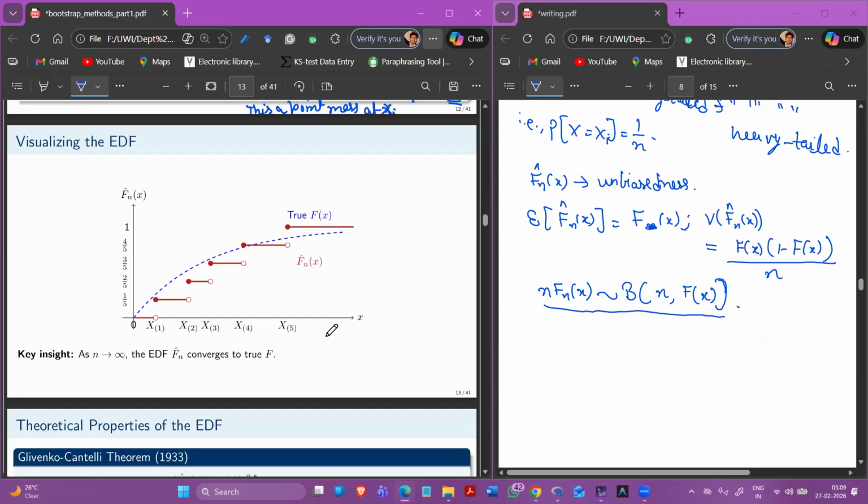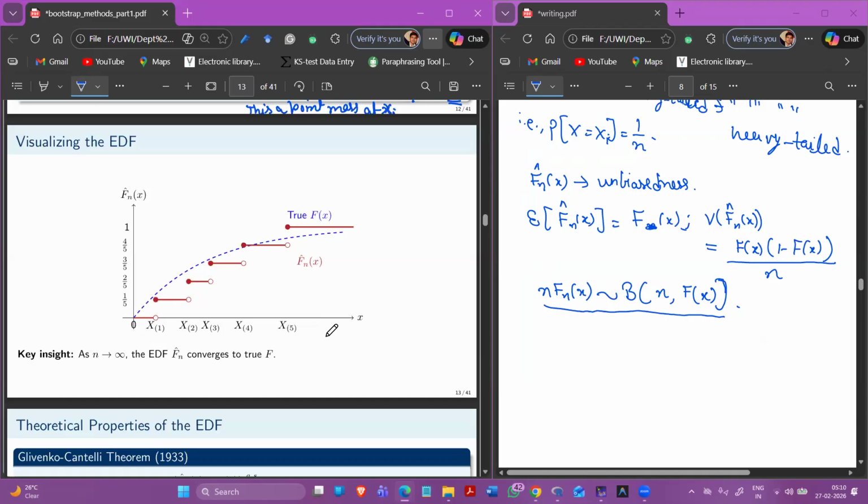What we do is we have the true CDF of the population and we check our approximate empirical CDF, and we see whether they are near each other or not. If they are near each other, we say that the model is fitting well to the data.